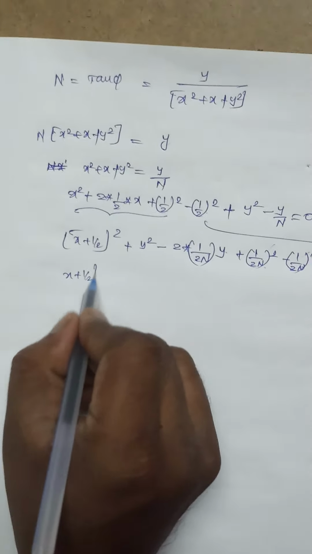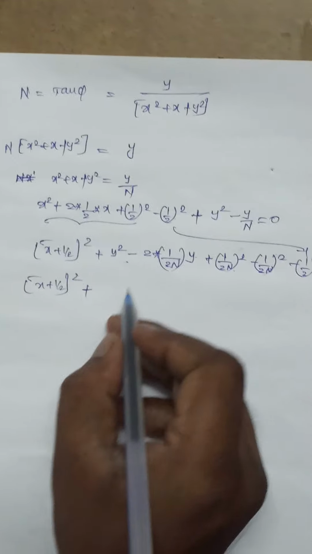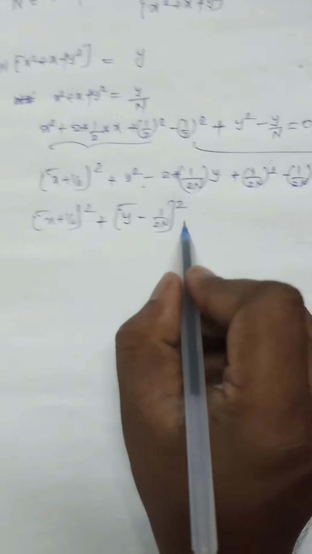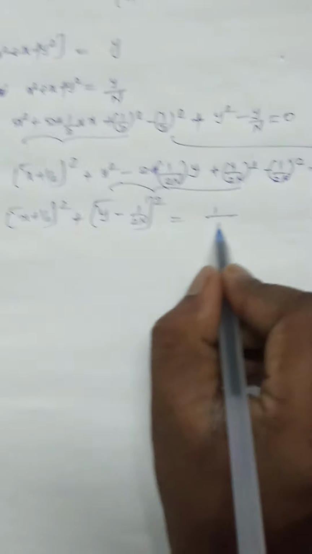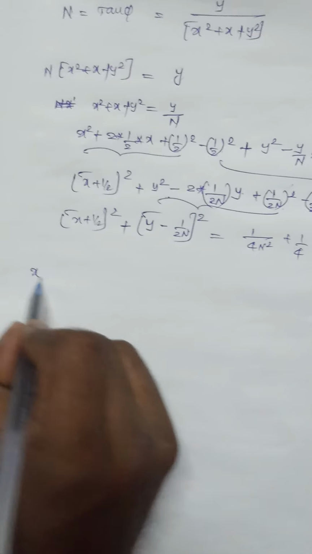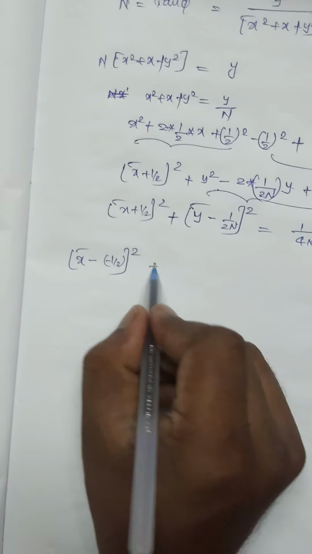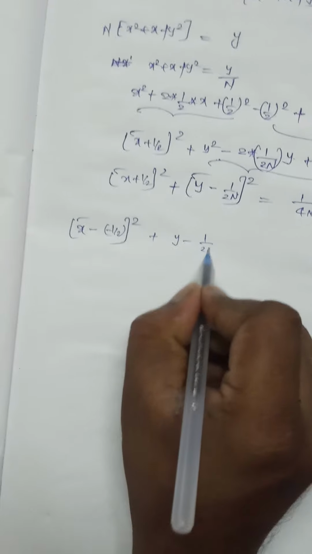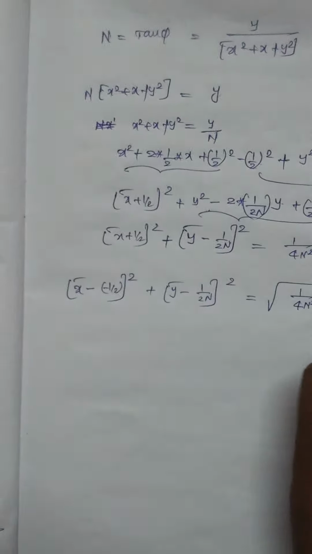It is x plus 1 by 2 whole square plus y square minus 2ab plus b square, like this. So I can write as y minus 1 by 2n whole square. These three terms can be summarized like this, that is equal to 1 by 4n square plus 1 by 4. So I can write this as x plus 1 by 2 whole square plus y minus 1 by 2n whole square is equal to square root of 1 by 4n square plus 1 by 4 whole square.